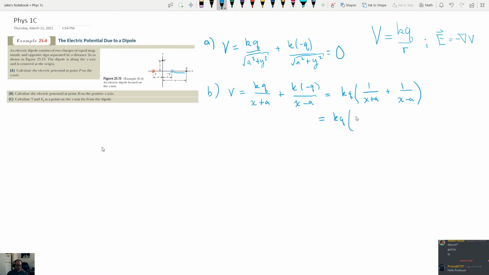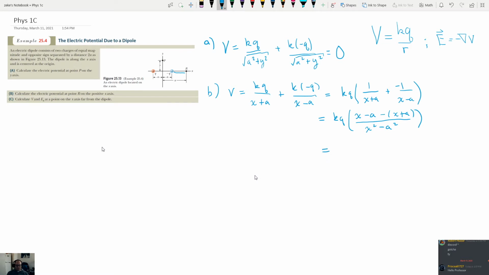So I multiply x minus a up here. There should be a negative for the second term, right? Yep, thank you very much. Multiply the x minus a up here, and then the x plus a over here. So this will end up being minus x plus a. And then the common denominator will be x squared minus a squared.